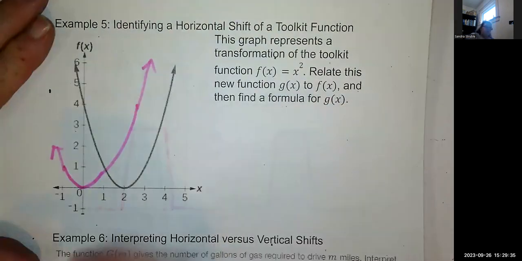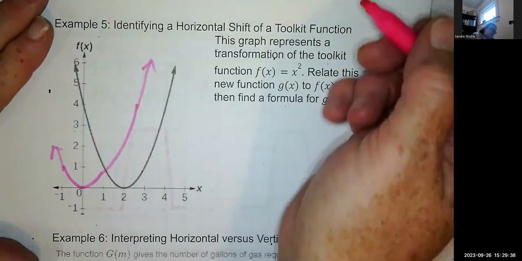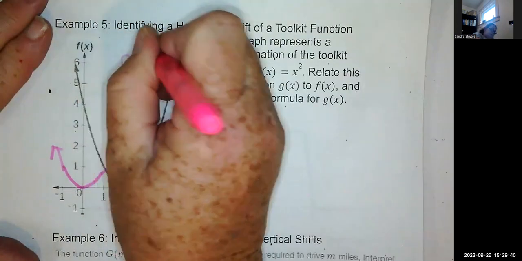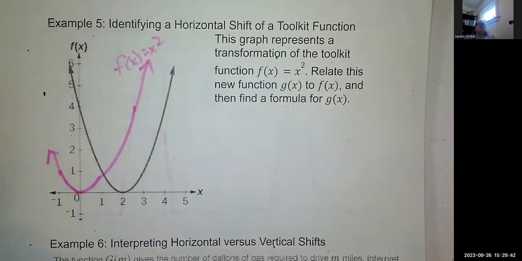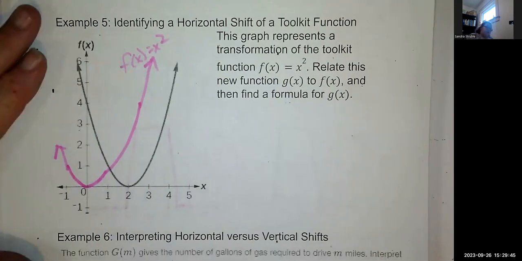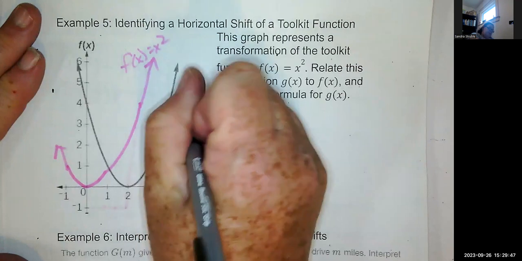All right, so this is the original one. This is the f of X. Okay, and we have a new one, which is our G of X. This one's G of X.